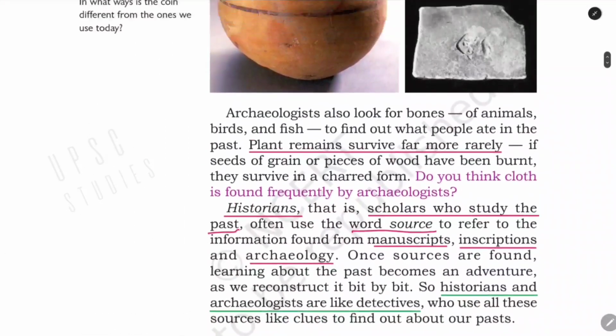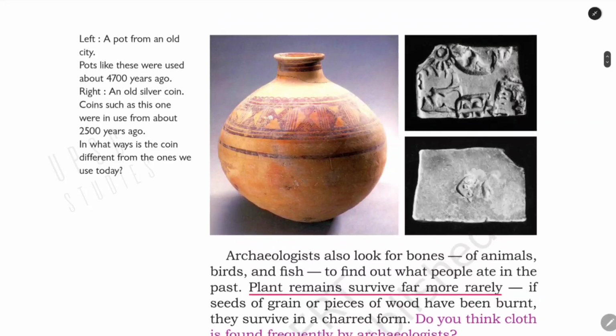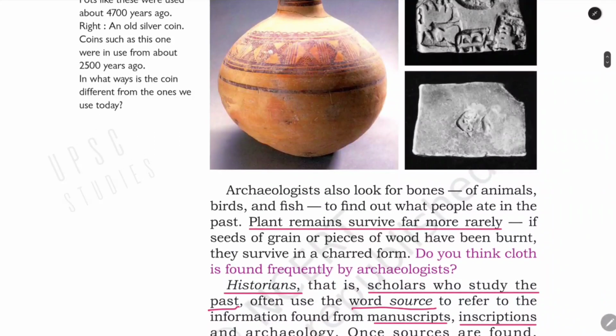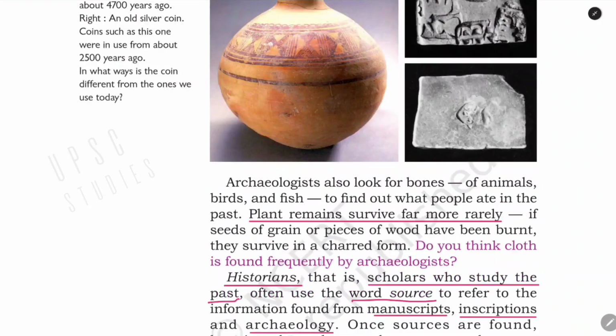Coming to the next part, the archaeologists also look for bones of animals, birds and fish. Why do they do that? From examining these things, we can know whether the animals were domesticated, or find out what people ate in the past.